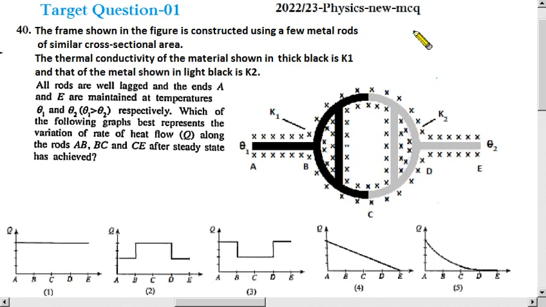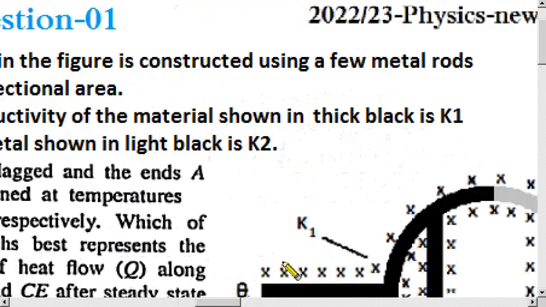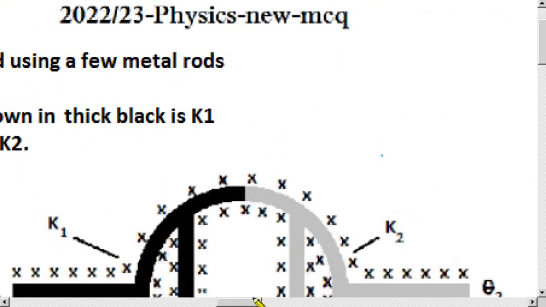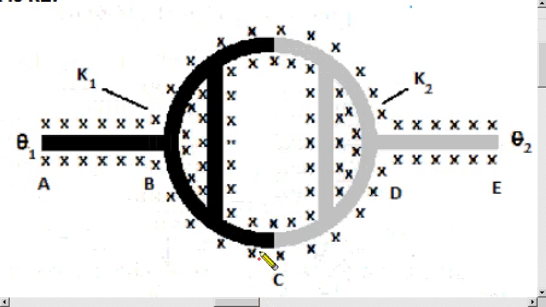So children, since you have paused the video, now I am going to start the discussion. As previous, you see the symmetry. It is equal on both sides, up and down sides along this line.